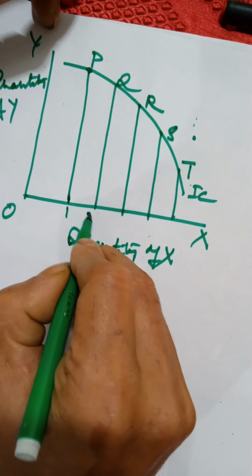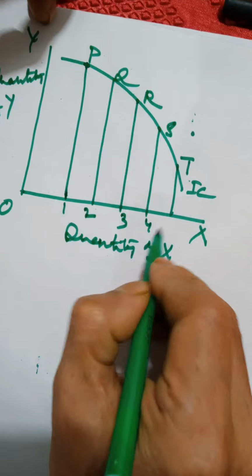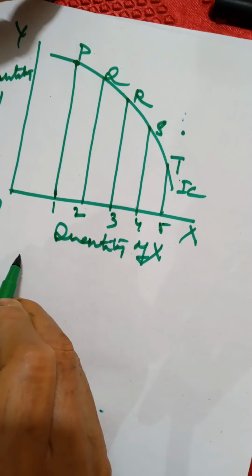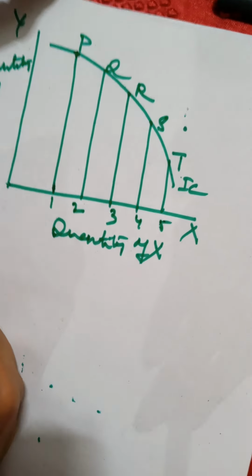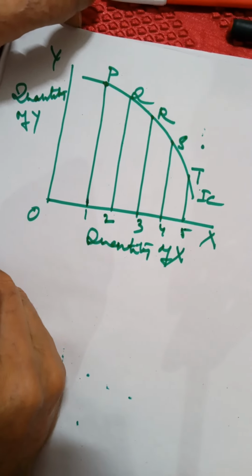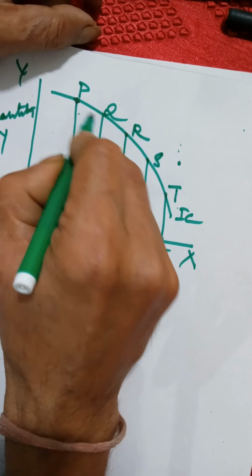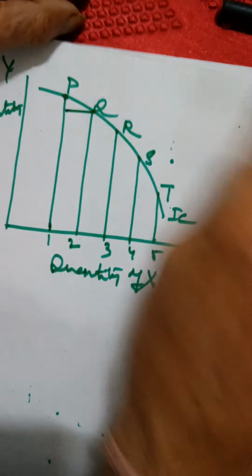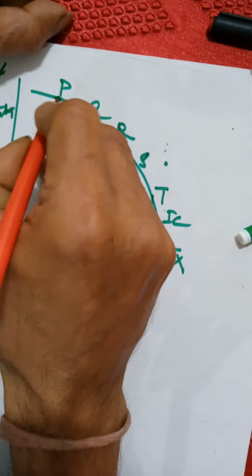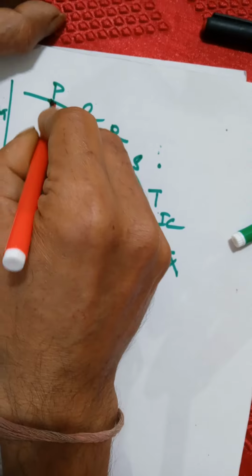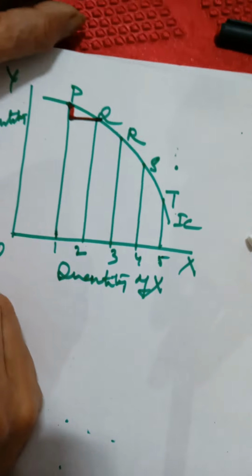This is 1, 2, 3, 4, 5. Now, let's see what is the amount of sacrifice and what is the amount of gain. When he moves from P to Q, he sacrifices this much of y to gain this much of x.